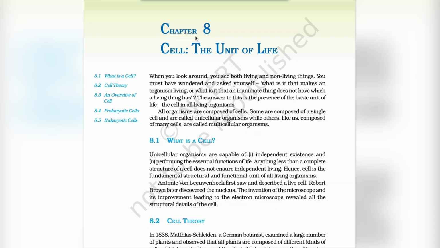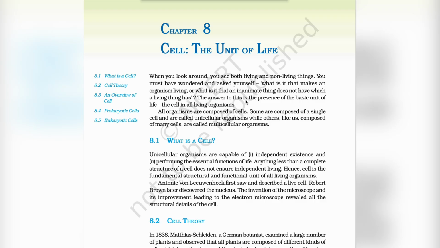Let's start with chapter 8, Cell: The Unit of Life. When you look around, you see both living and non-living things. You must have wondered and asked yourself, what is it that makes an organism living, or what is it that an inanimate thing does not have which a living thing has?